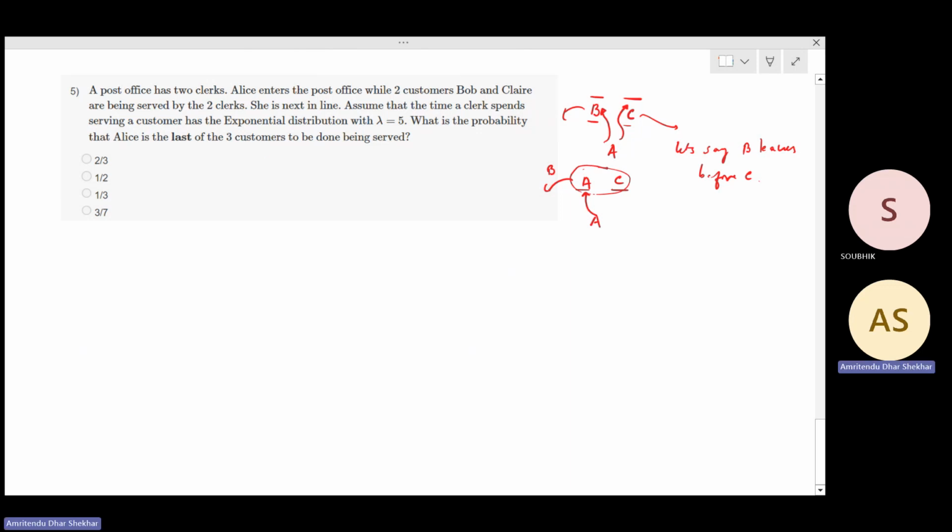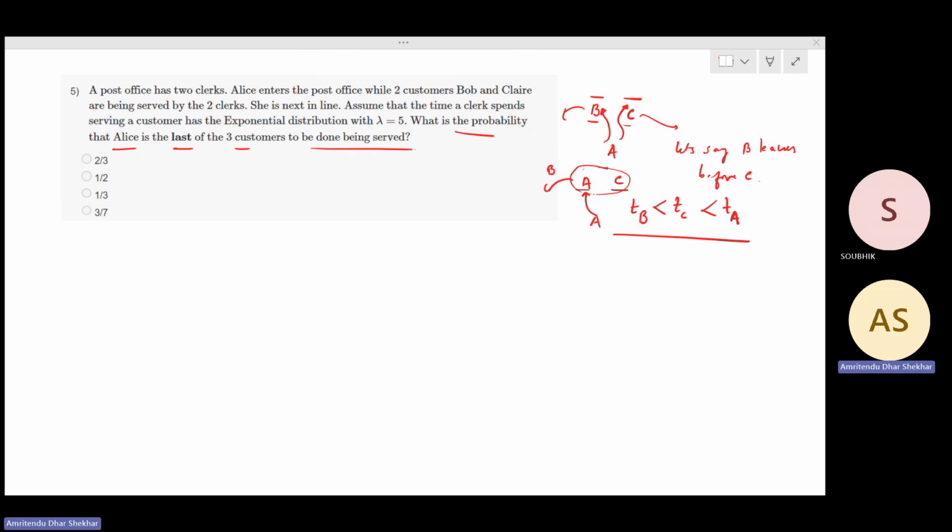But we are asking for the probability that Alice is the last of the three to be done being served. It means that the time taken to serve C, TC, is greater than TB but smaller than TA. Is this clear?